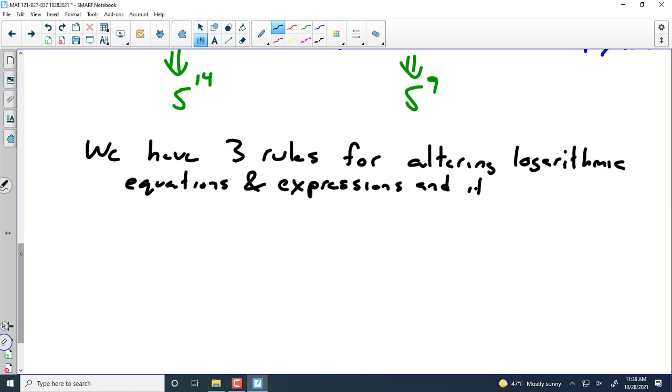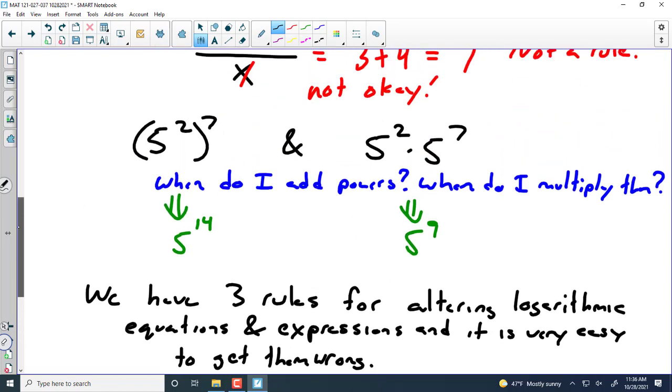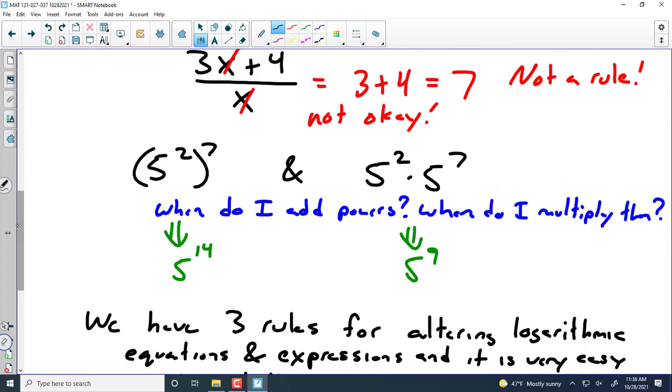And it is very easy to get them wrong. It is very, very easy when you're taking an exam for anyone to get these 2 rules backwards. Does everyone agree with that? Anyone can do that while taking a test. It's not because you're not smart. It's not because you don't know math. It's just because you know 2 different rules and sometimes you get them backwards in your head.